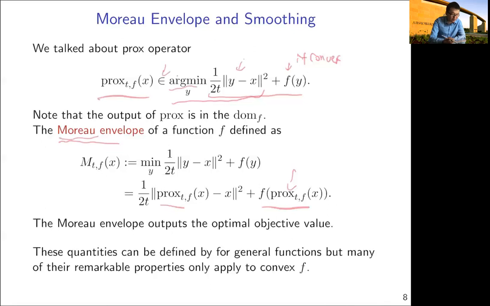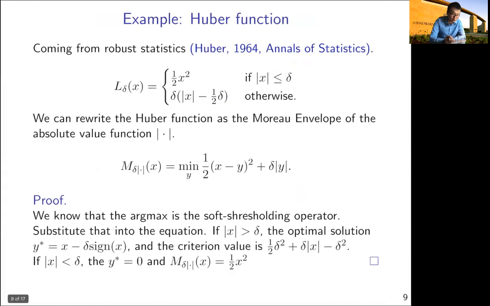You can define the Moreau envelope for any convex function. So the idea is that for any convex function that's not necessarily smooth, it has a Moreau envelope that is actually smooth. The smoothness parameter depends on the t parameter that you use. Okay, so let's give an example so this point is clear.